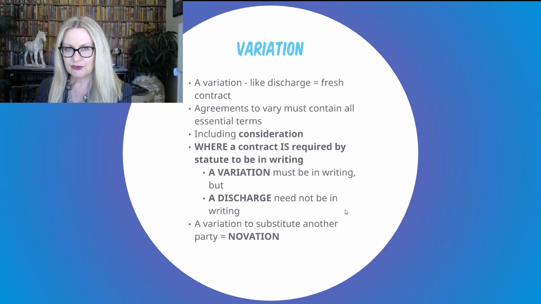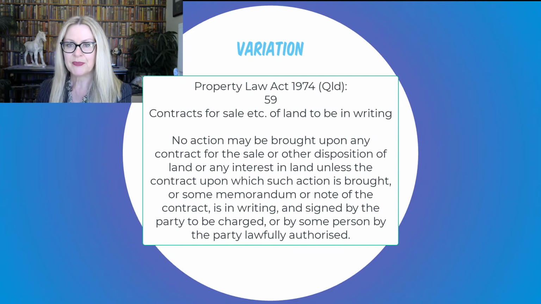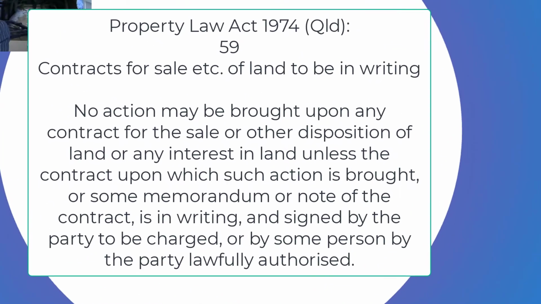The issue for variations that sometimes comes up is where the statute of frauds legislation requires an agreement to be in writing. If that's the case, and I'm thinking here of the Property Law Act, for example, in Queensland, that requires all land contracts to be in writing, then any variation is also going to have to be in writing.